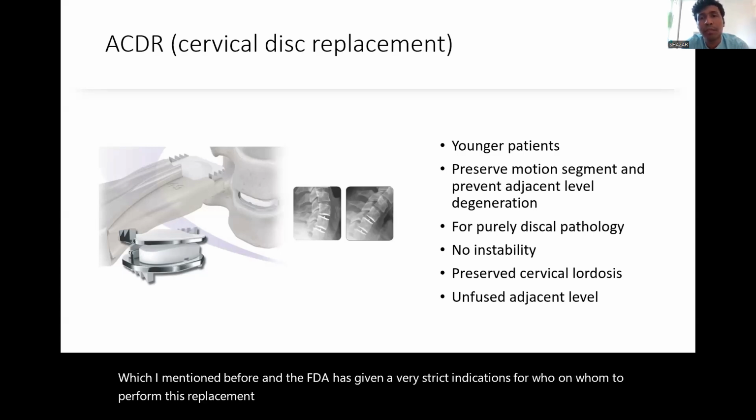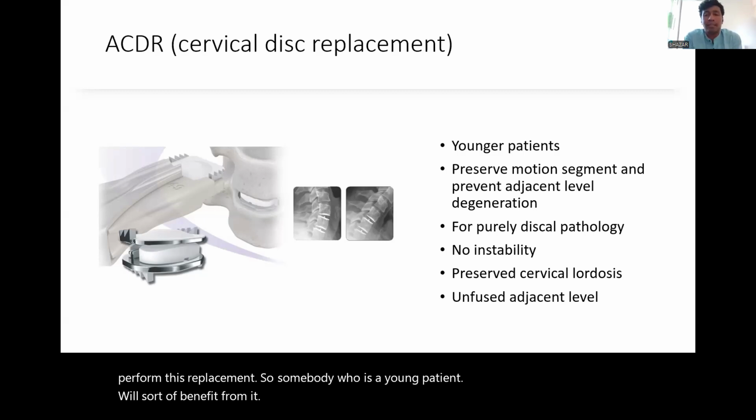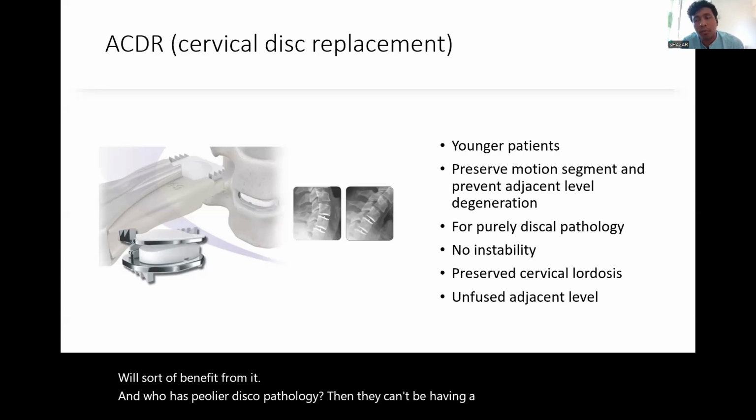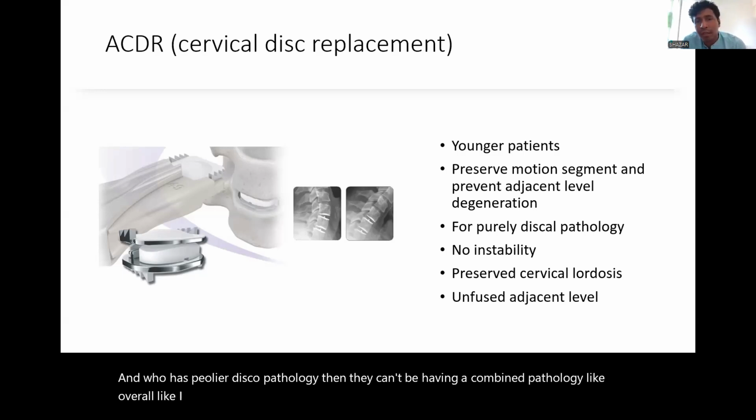So somebody who is a young patient will benefit from it, and who has purely a discal pathology. They can't have a combined pathology like, as I mentioned, ligamentum flavum problem, and all this. So this should be pure disc compressing the cord, and there should not be any instability.